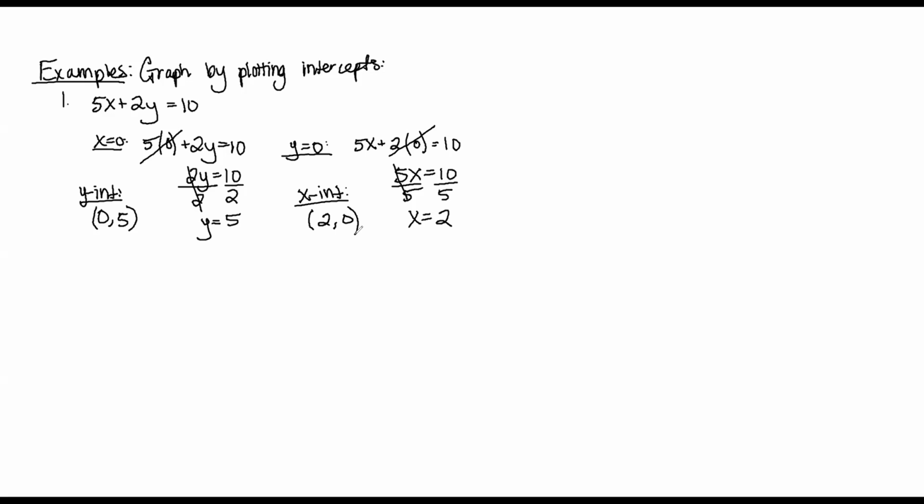And so now if we go ahead and graph these, let's look at our points. We have 0, 5, and 2, 0. The biggest one is 5, so I'll go out to 5.